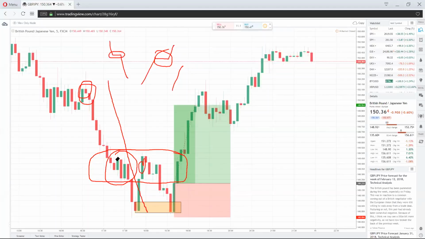Since this was a drop base drop, this is a zone already. So if the price comes back and forms a zone over here, I wouldn't consider it a fresh zone, because there is already a base over here, and this is a zone in itself. So this and this automatically tells me that this is not a fresh zone.